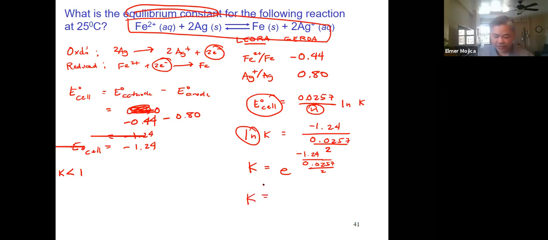If you're going to do the calculation for the whole thing, e raised to the number that you have here: negative 1.24 divided by 0.0257 divided by 2.